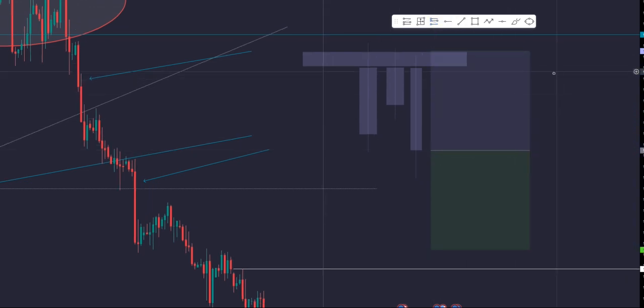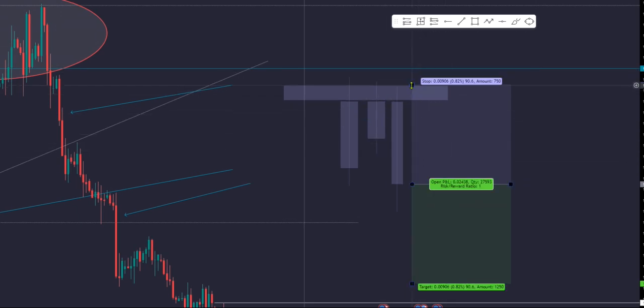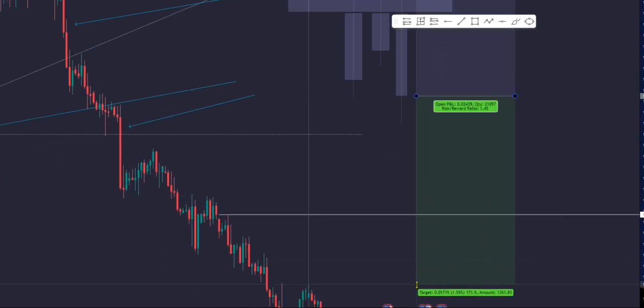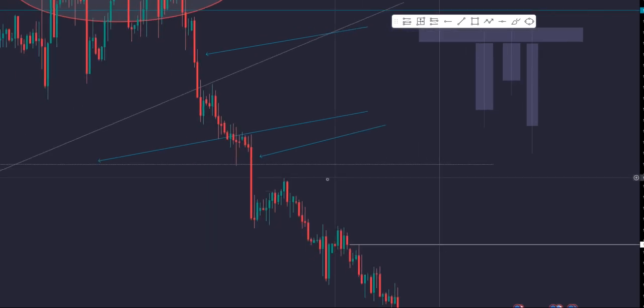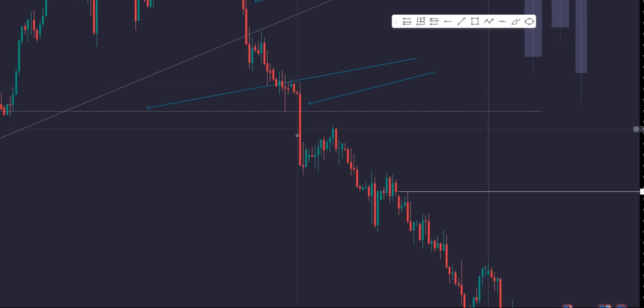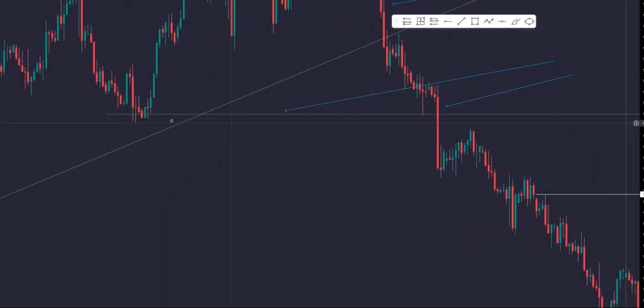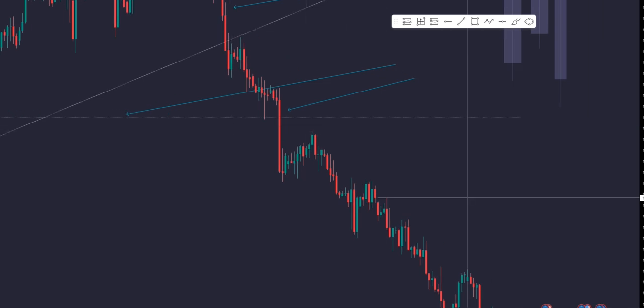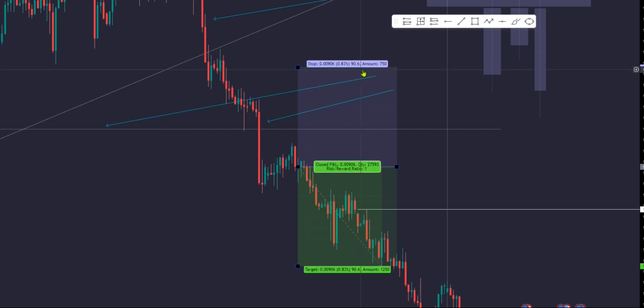Then I put my sell entry, stop loss above the key level, and target. So now as you can see, when price broke right here, even if we didn't come exactly to this area, after a couple of hours or a couple of days, 3 days, I saw this engulfing candle.